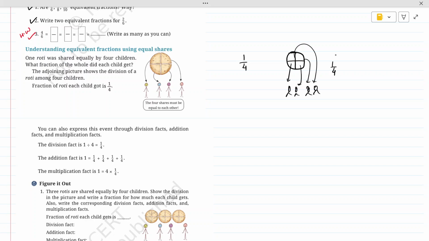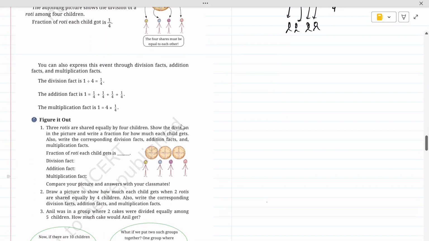So now we have to express this fraction by writing the division fact of it, the addition fact, and the multiplication fact. Okay, so how can we write this? We know that each child is getting 1/4 of the roti.